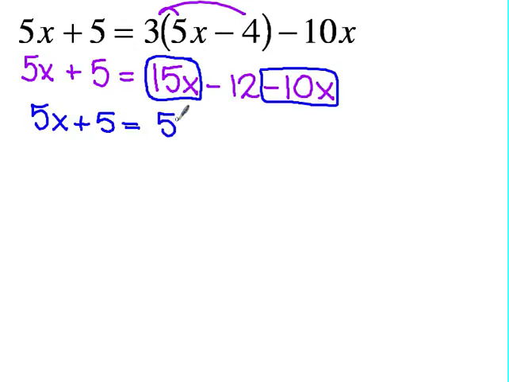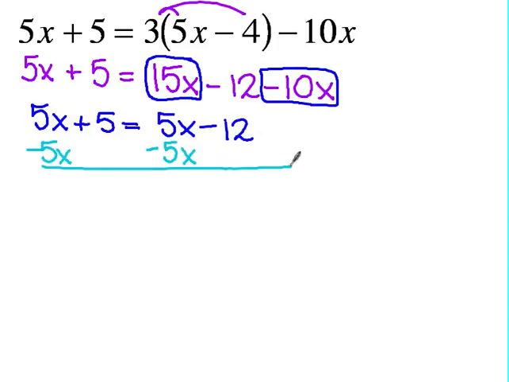So I really get 5x minus 12. Now I need to combine variables, correct? So what do I do? Subtract 5x. Let's move the 5x over here.